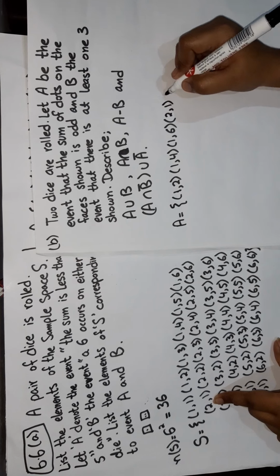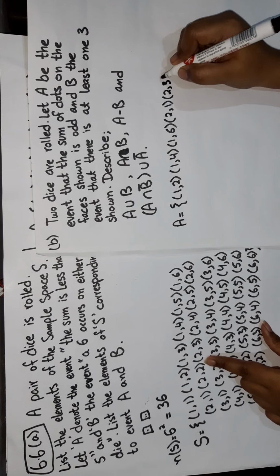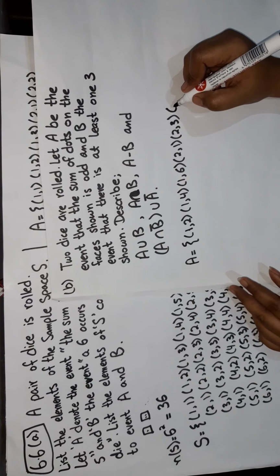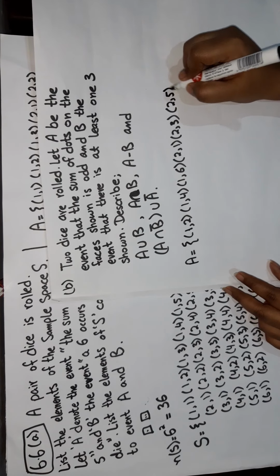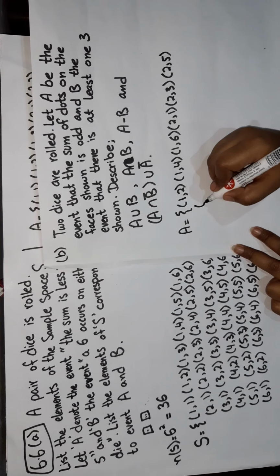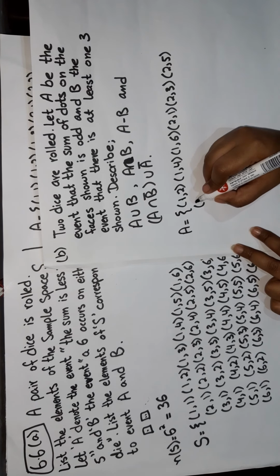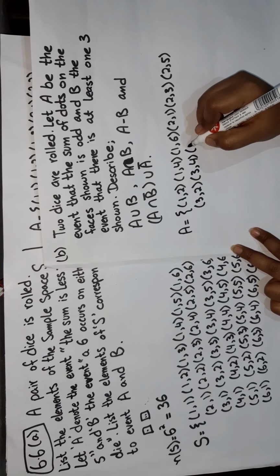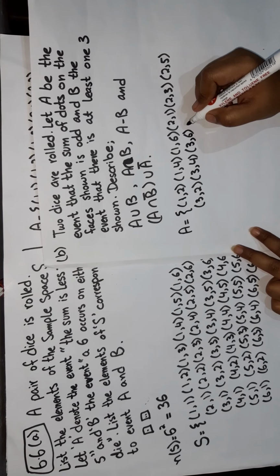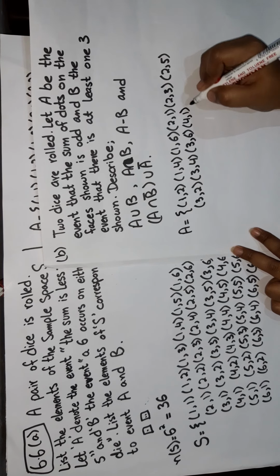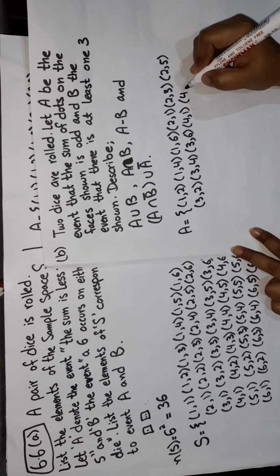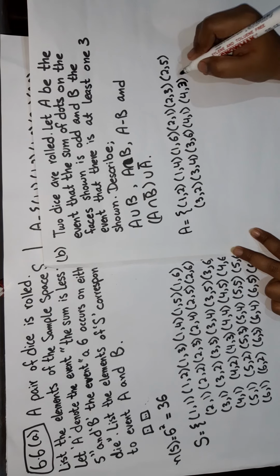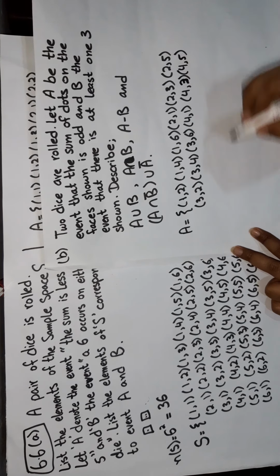2 1 is odd. 2 3 is odd. 2 5 is odd. 3 2 is odd. 3 4 is odd. 3 6 is odd. 4 1 is odd. 4 3 is odd, and 4 5 is odd.